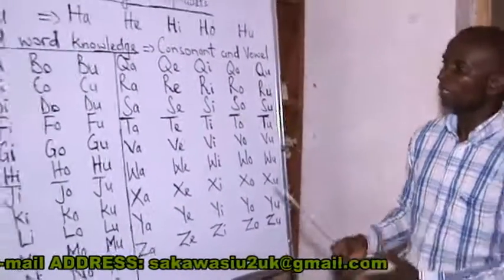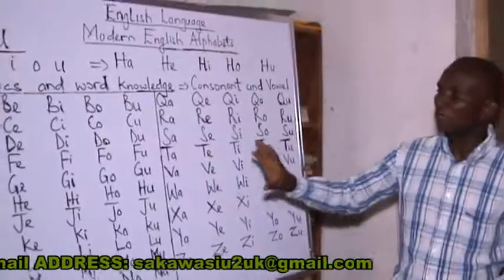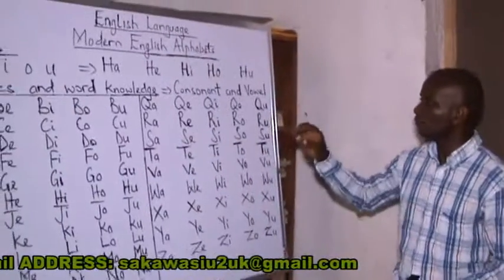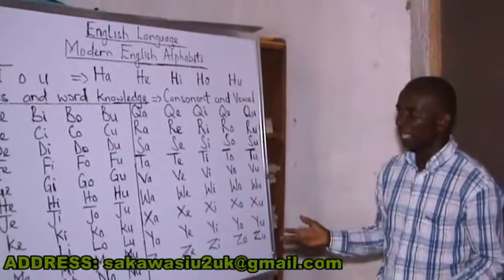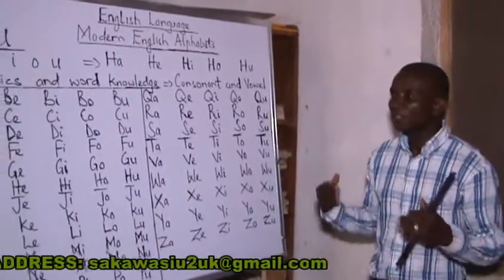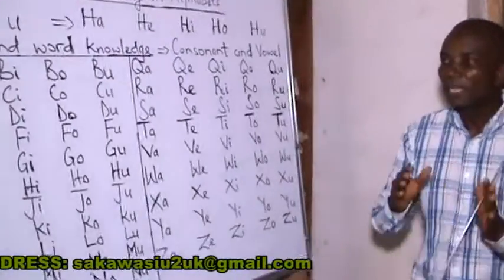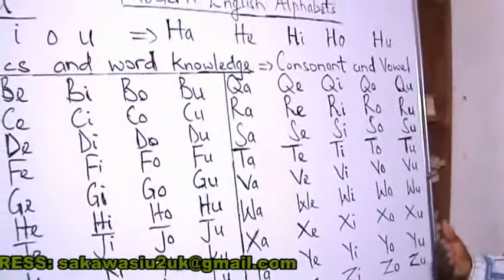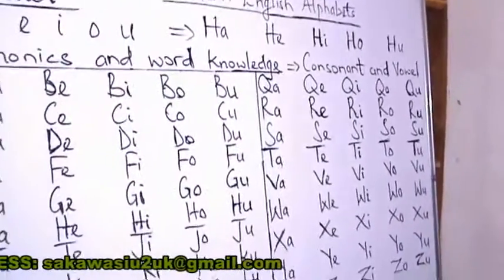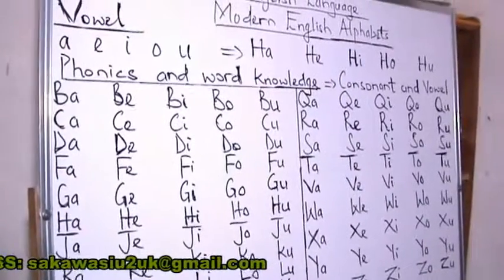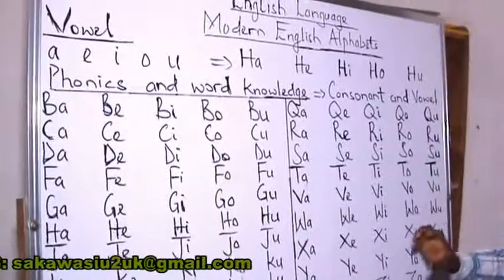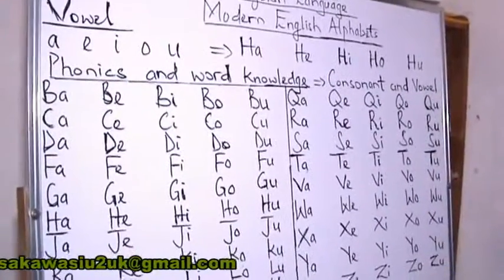As we are talking, these are the two-letter words, the combination of consonant with vowel. This one is telling us that if we are going to pronounce the two-letter words, we must pronounce them the way I've just pronounced them now.